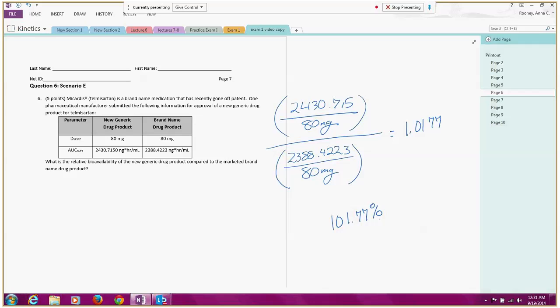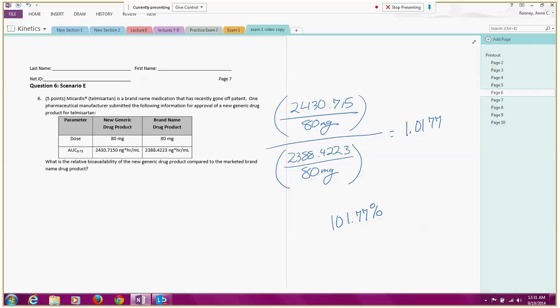But when the generic processes it, it's a cheaper manufacturing process, and sometimes that slips through and you end up with the bioactivity from the other form that's not supposed to be there. So that's one way that you can get over 100%. The other way is that it gets absorbed back into the system, so when it's supposed to be excreted, it gets absorbed.